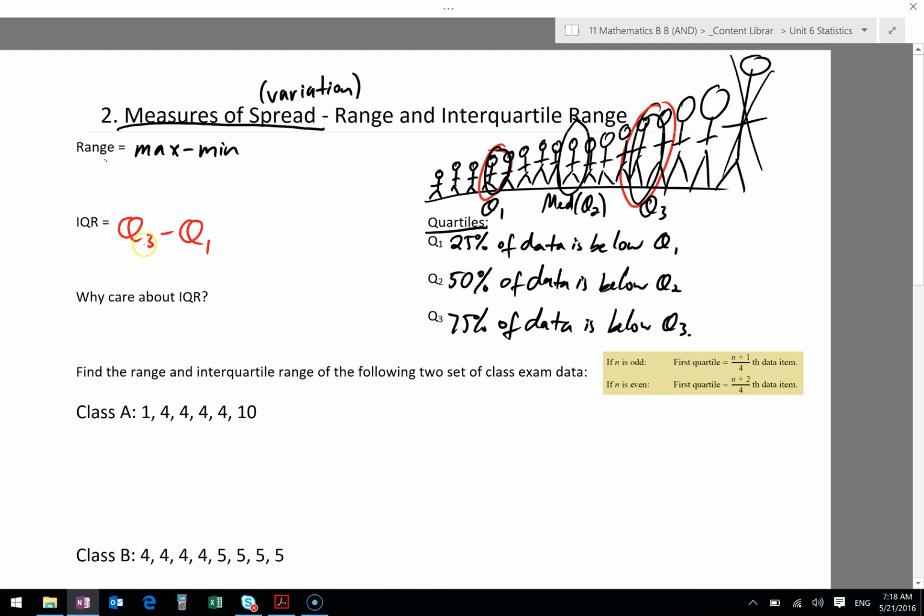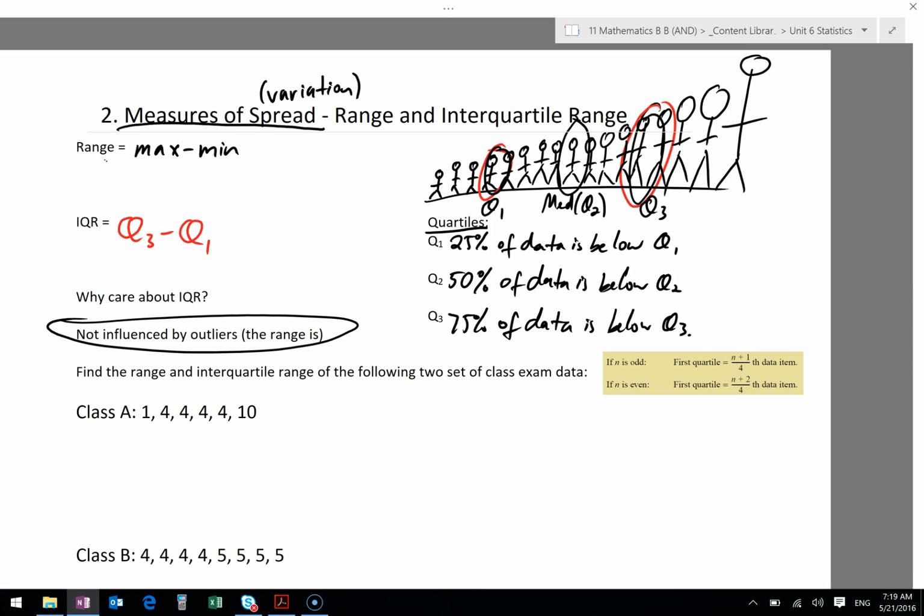He won't even be considered when we're subtracting these two quartiles. So the reason why I care about IQR is that it's not influenced by outliers, as the range is.